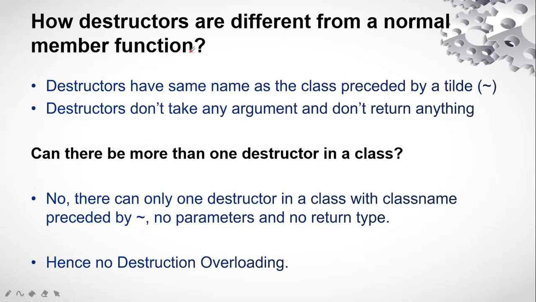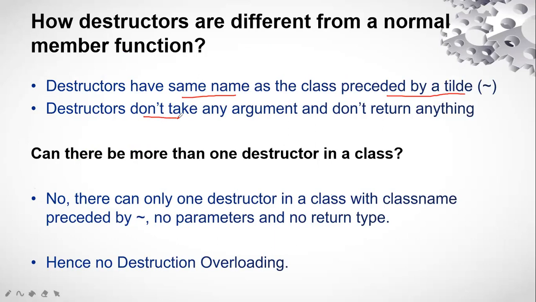Next thing is how destructors are defined differently from a normal member function. What are the differences between normal member functions and destructors? Destructors have the same name as the class preceded by a tilde operator, as I have told you. But normal functions do not have to have the same name; it can be different also.